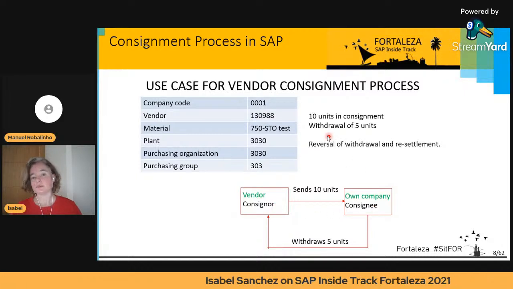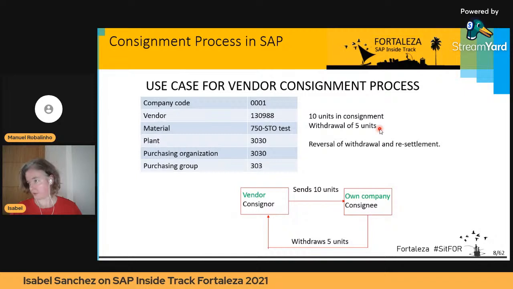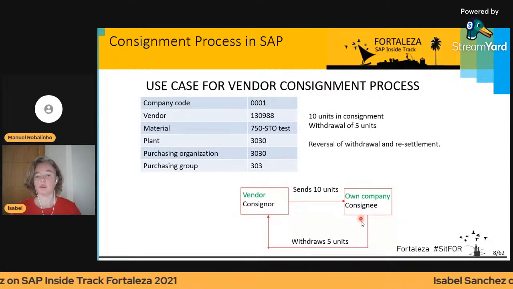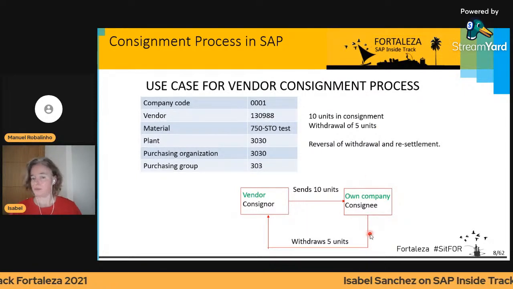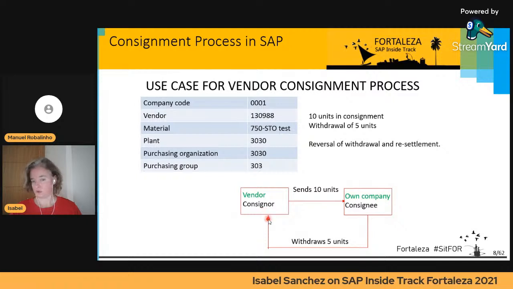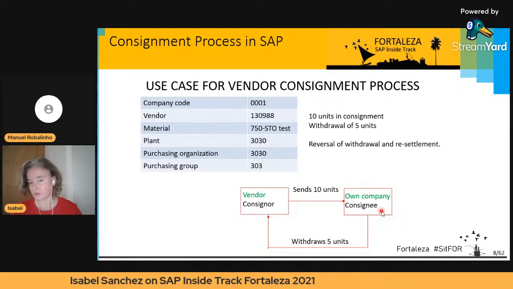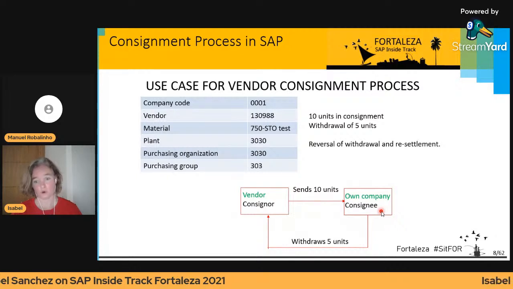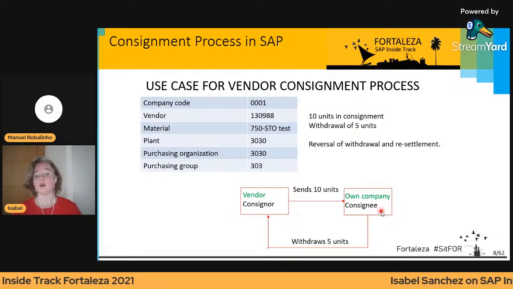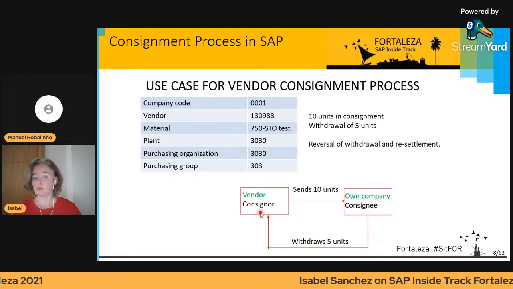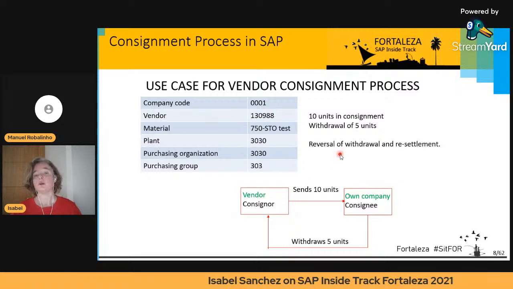And the second part is that we withdraw 5 units. That means that we invoice 5 units to the consignor, so that we recognize that we have sold 5 units. And for those 5 units, we will pay the consignor.